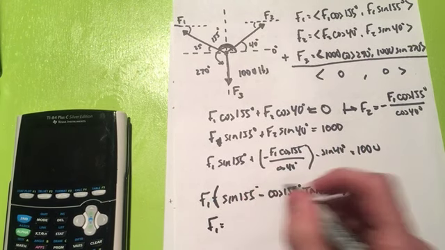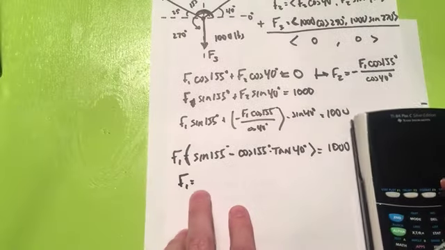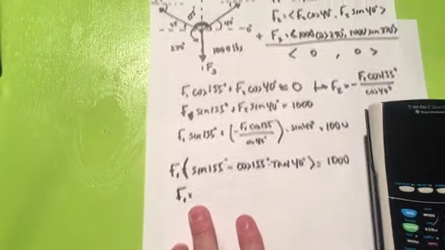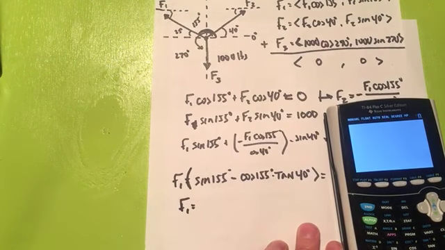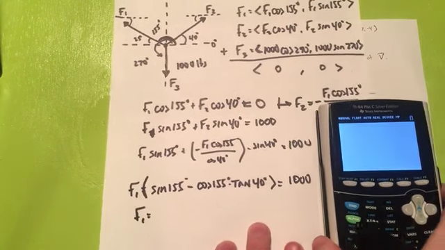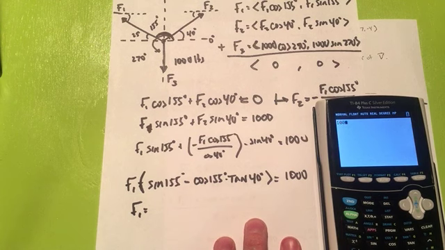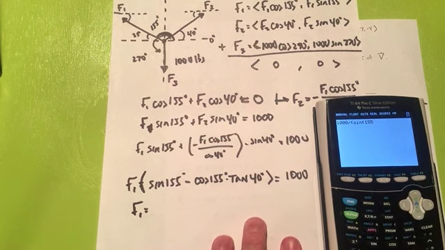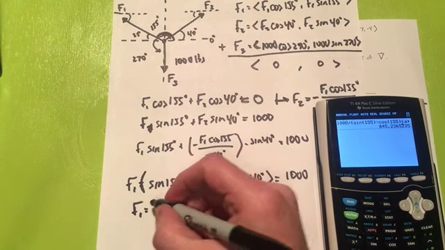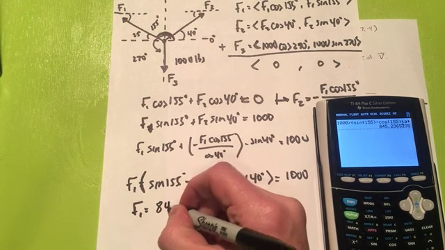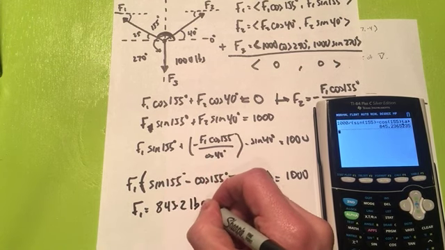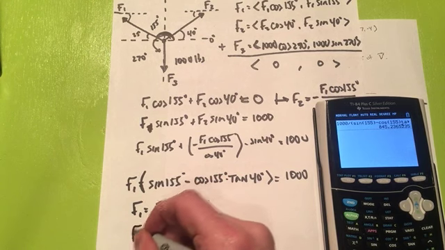Dividing, we can find the magnitude of the force on vector 1. We have 1,000 divided by sine 155. I am in degree mode. Make certain that I close my parentheses, minus cosine 155 tangent 40. I have the magnitude of force 1, 845.2 pounds of force.